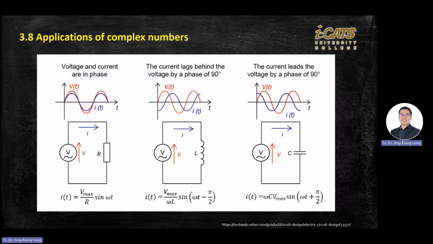So just bring it back a little bit, it helps you in circuit design. So there are scenarios in complex number. In electric current, if they are in phase, it means the angles match each other, synchronized.